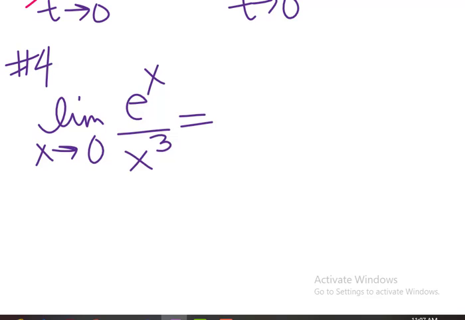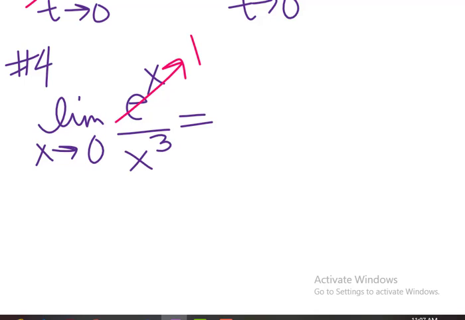All right, so if we look at this as x goes to 0, e to the x goes to 1. And as x goes to 0, x cubed goes to very, very tiny numbers.